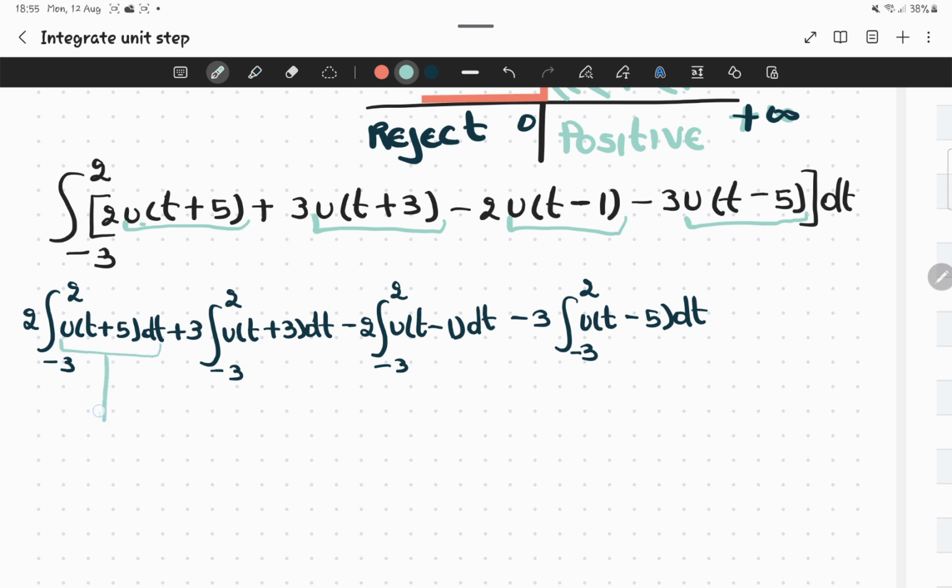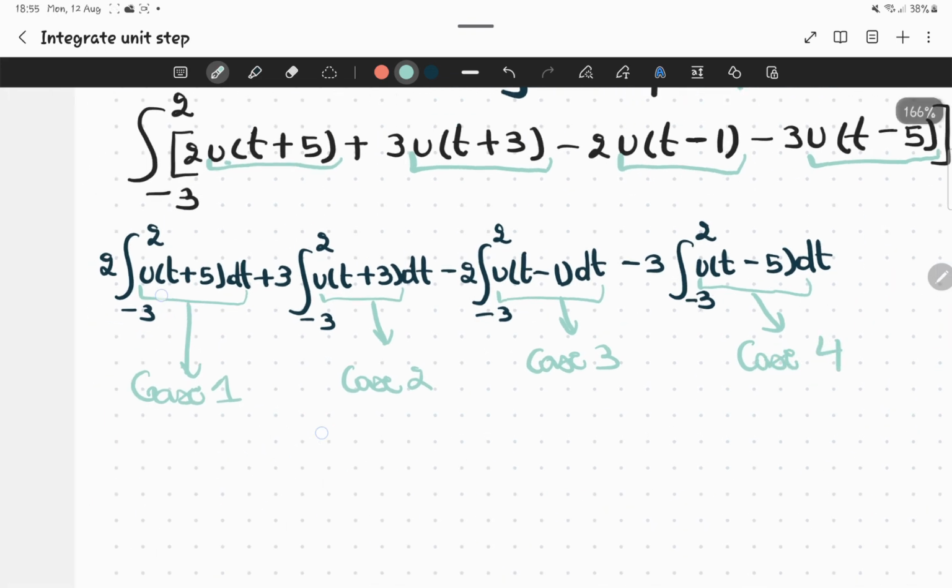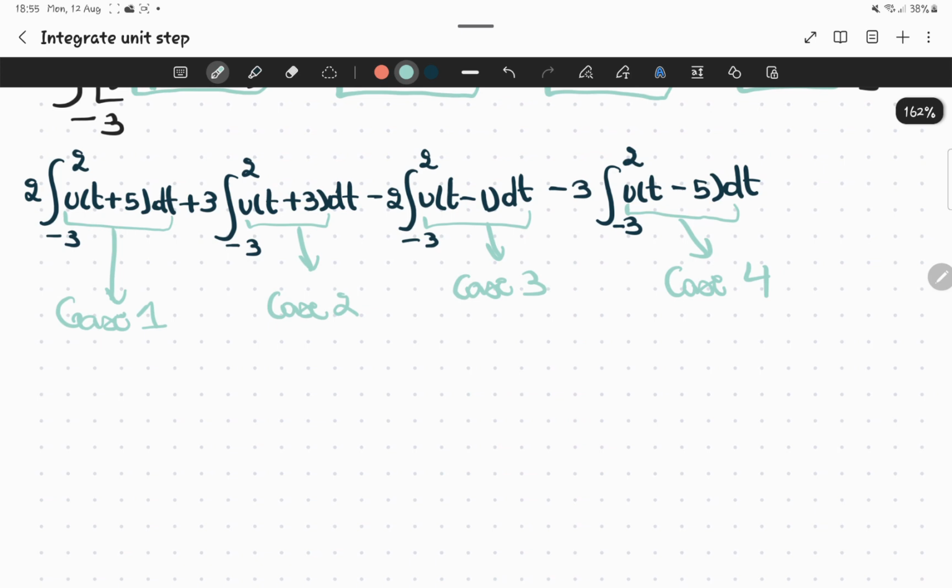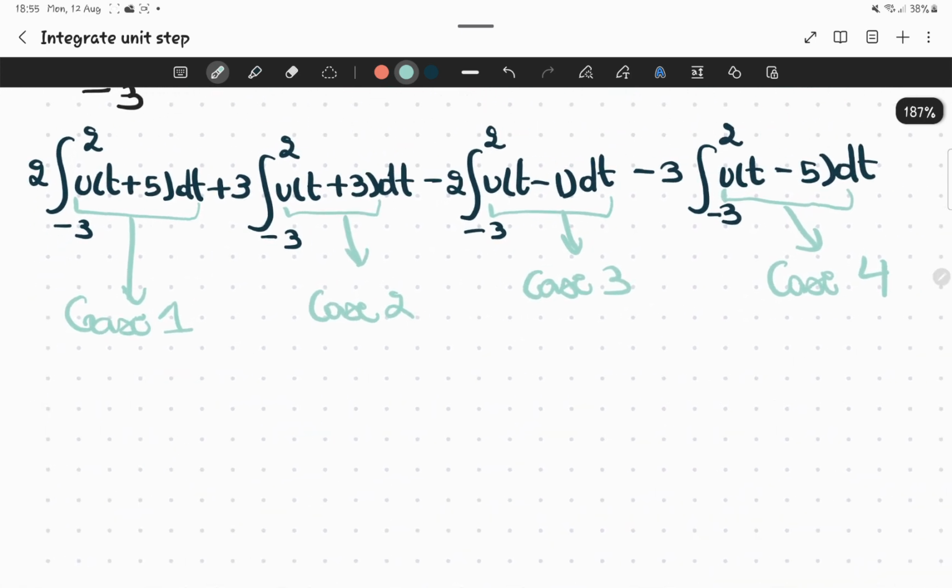This integral we're gonna put as case 1, this one as case 2, this one as case 3, and this one as case 4. So now we have something that we can work with.